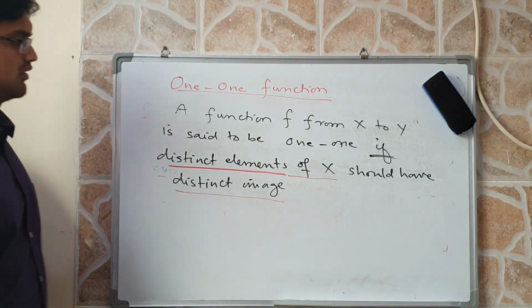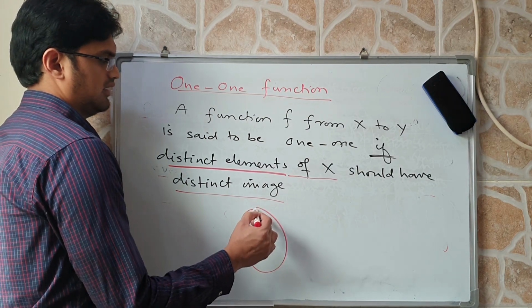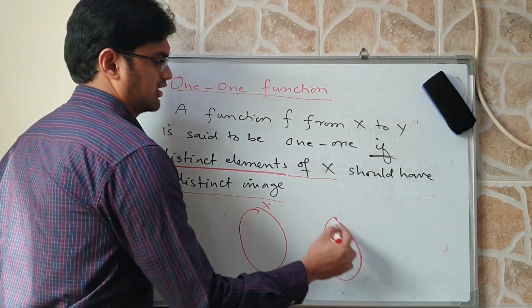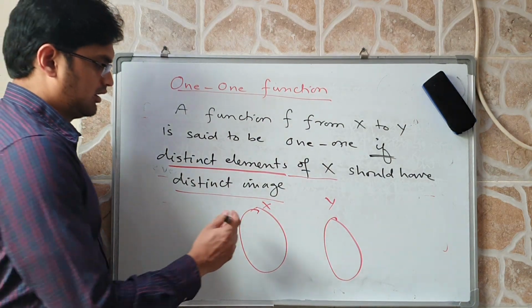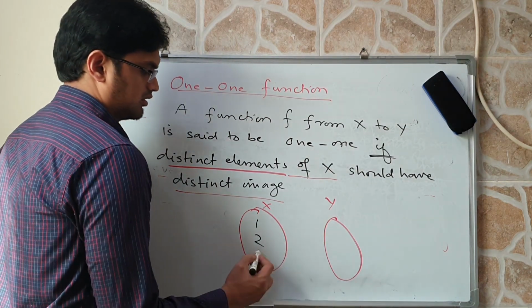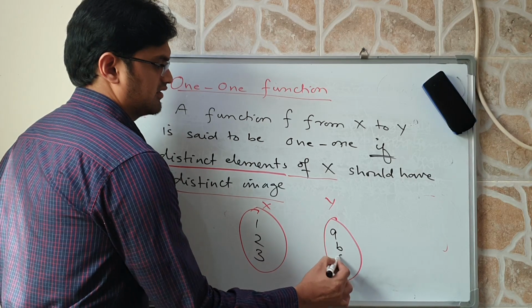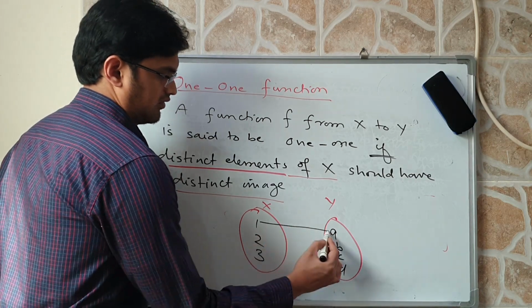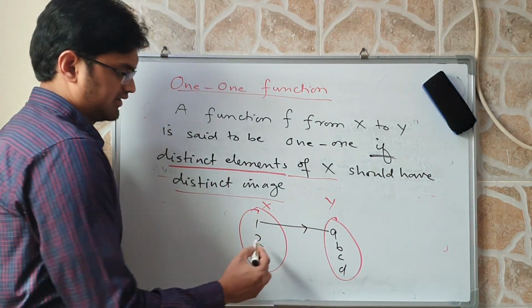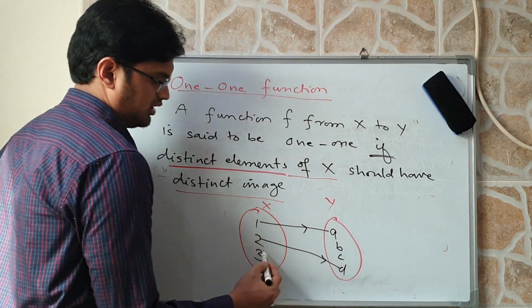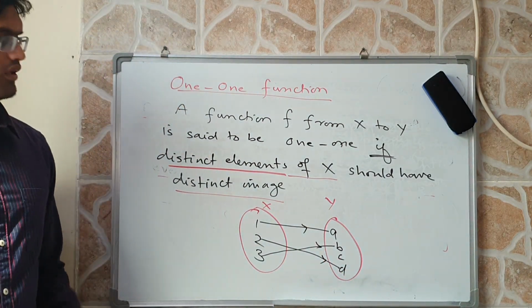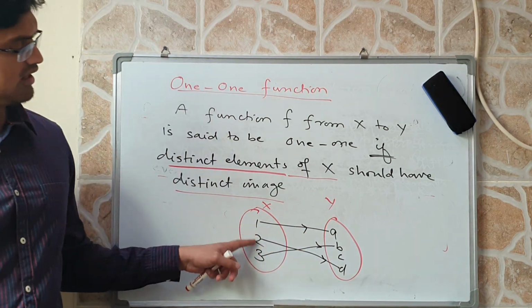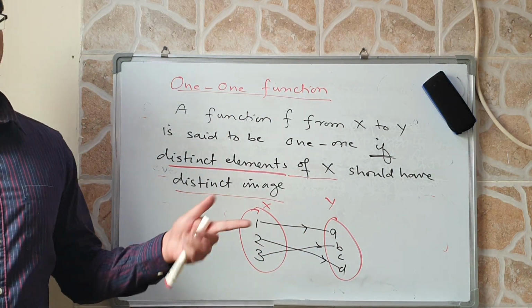That means, for example, you have taken X and I have taken Y. So 1, 2, 3, A, B, C, D. 1 is associated with A, let us say, 2 is associated with D, and 3 is associated with B. So here, 1 and 2 are different or not?